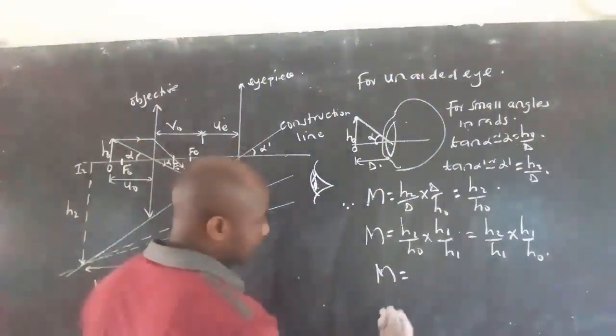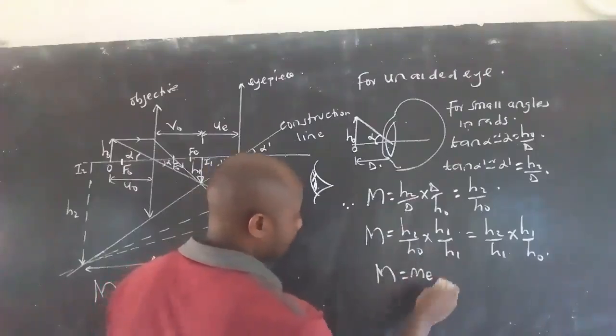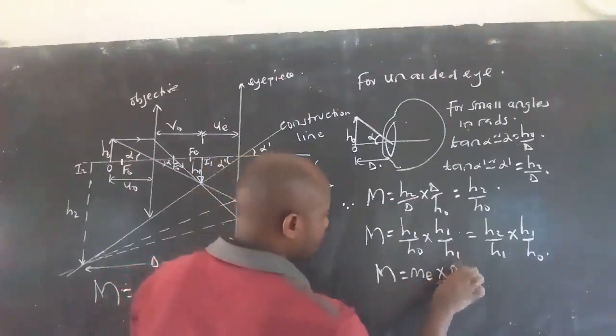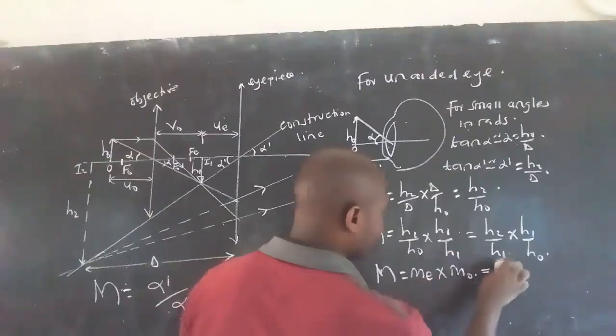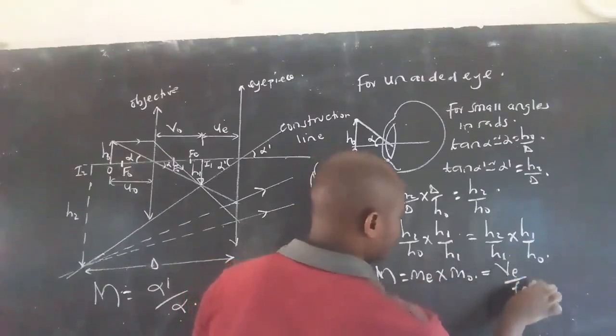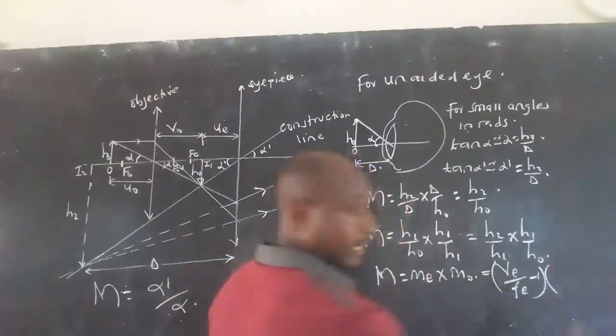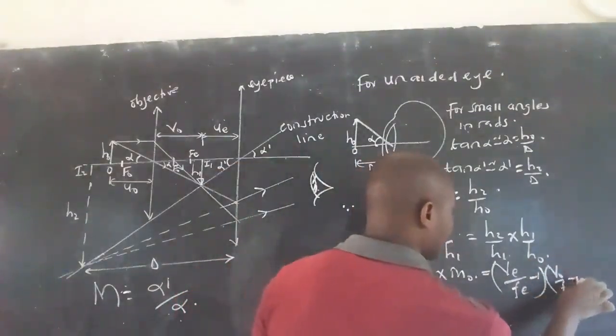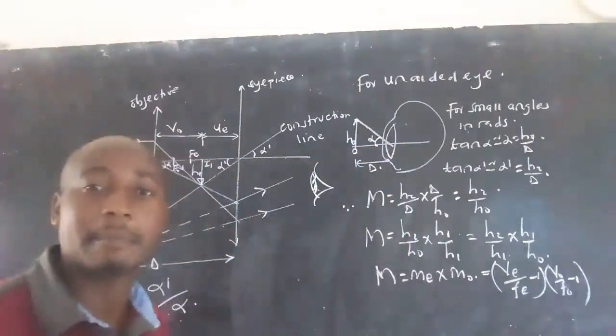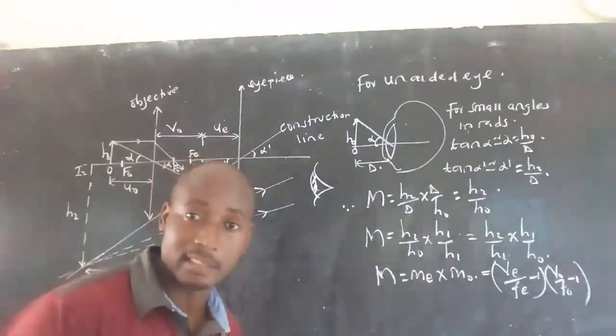So that's ME, times M0, because this is the linear magnification of the objective. Which will now become VE over FE minus 1 times V0 over F0 minus 1, because we know linear magnification is V over F minus 1.